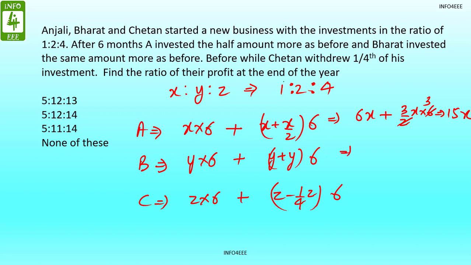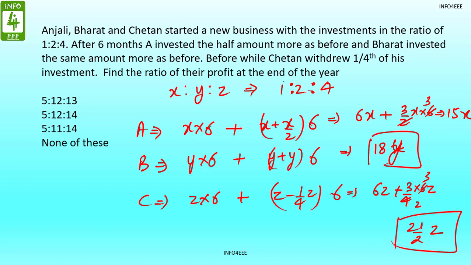What about this? This is 2y, 12. This is 18y. And here it will be 6z minus 3 by 4 into 6z. So this is 3 by 2, so this will be, sorry, this is plus. So 12 plus 9, 21 upon 2z.